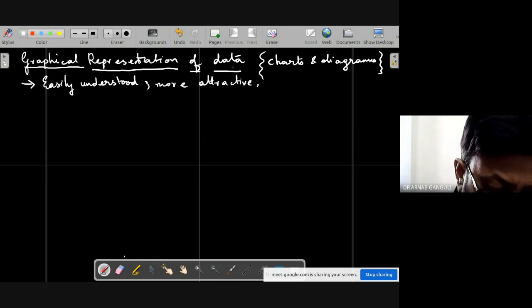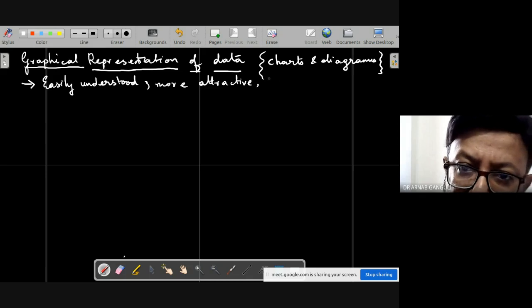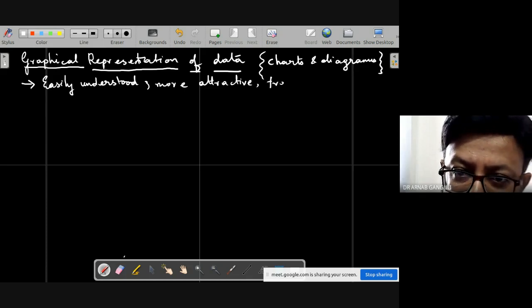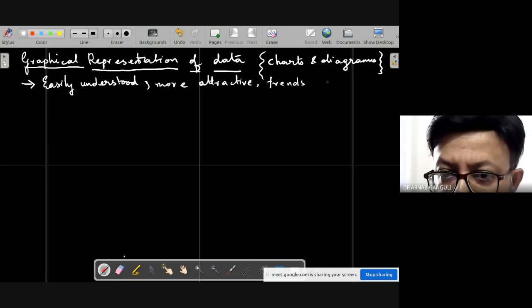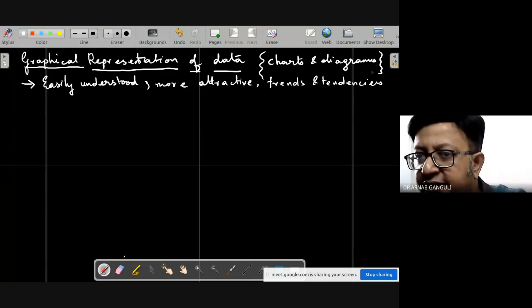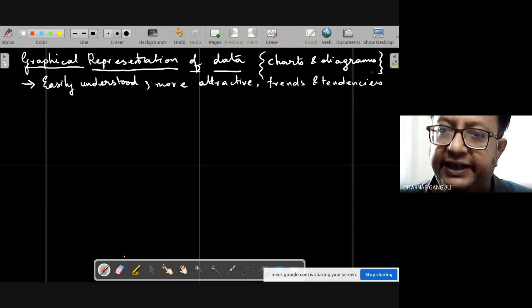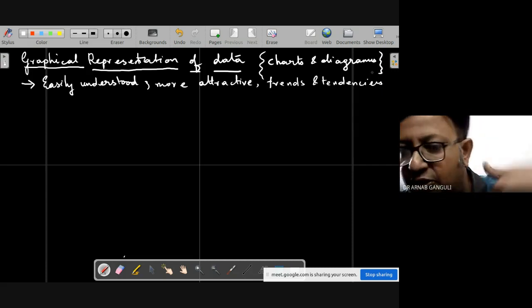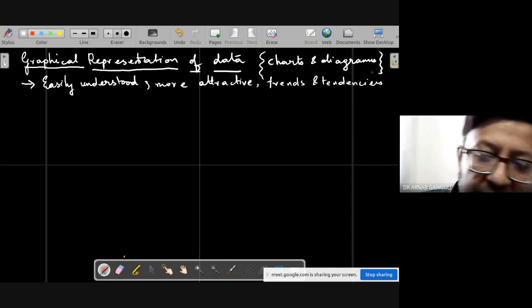Then it shows trends and tendencies. Trends and tendencies means you can predict where your data is going, how inflation is increasing, how blood sugar is increasing, how blood pressure is decreasing, all these things.